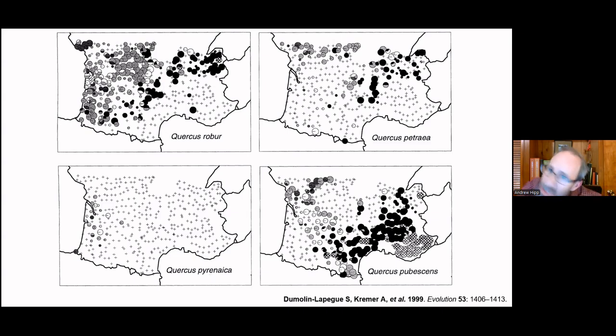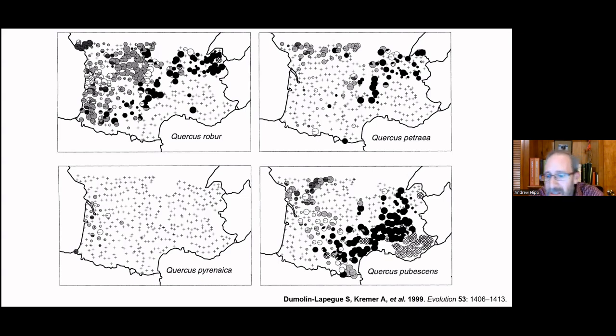Again, if there was no gene flow between these species, no hybridization, if they were reproductively isolated from each other, you would expect that these colors, each representing a different chloroplast type, a gray type, a black type, a hash-marked, a white, would be such that each species would have its own chloroplast type. But no, instead each region is defined by one: the western region mostly gray, the eastern region mostly black. The chloroplasts are being shared among species so much that regions are defined by a chloroplast type instead of species being defined by a chloroplast type.